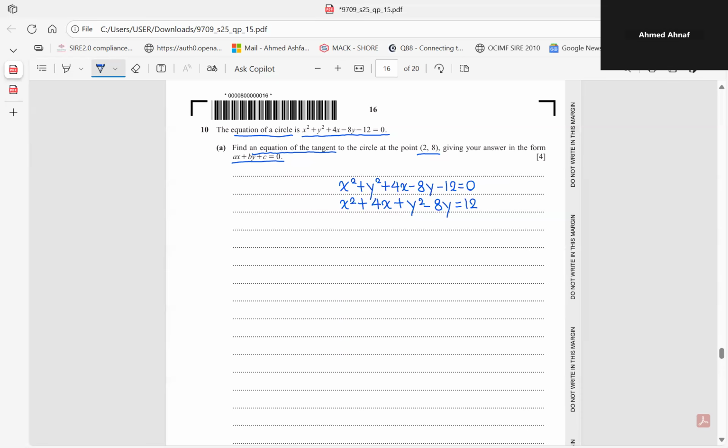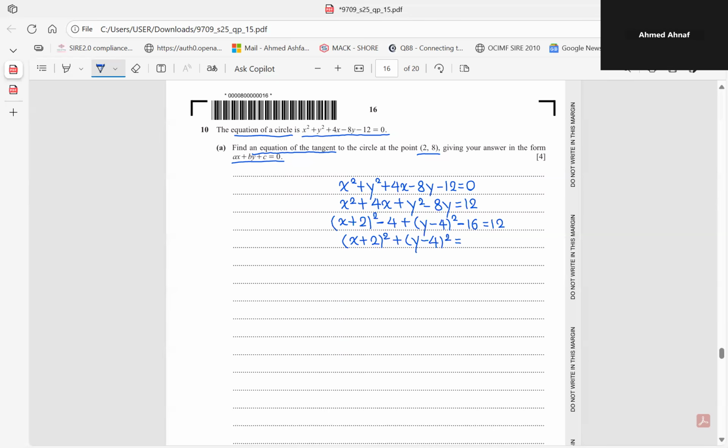So let's complete the square for x. Make sure the coefficient of x squared is 1. So this would be x plus, because there's a plus sign, half of the coefficient of x, so that's 2, squared, minus 2 squared, which is 4. Now let's do the same for y squared minus 8y. So this is just y minus 8 divided by 2, 4, squared, minus 4 squared, which is 16. That equals 12. Now keep all the x and y terms on the left-hand side and move all the constant terms to the right-hand side.